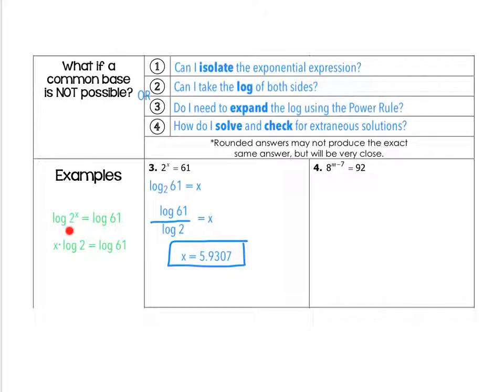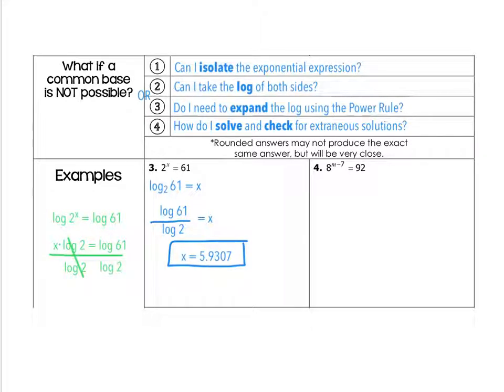So when I move that x out front, I have x times log of 2 equals log of 61. To solve for x, which is being multiplied by the log of 2, I'm just going to divide both sides by the log of 2.